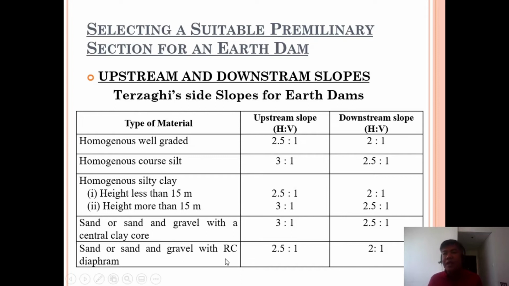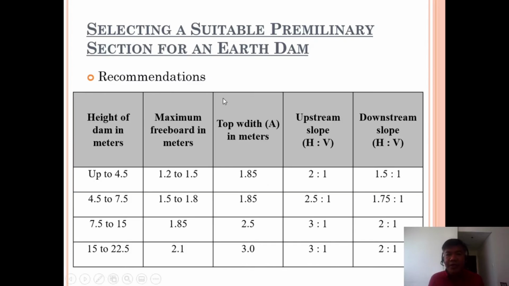After which, you can now proceed to the different types of analysis for earth dams. Here is another table from a certain textbook. There is a full table of recommendations based on the height of the dam.